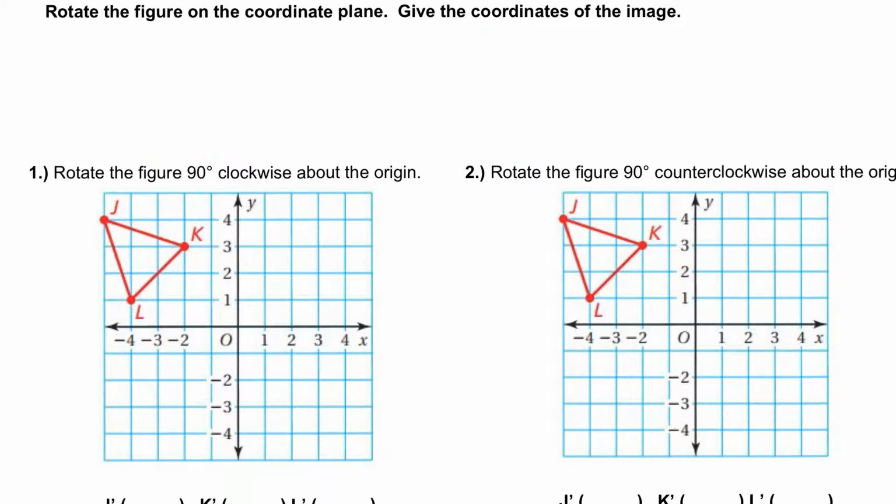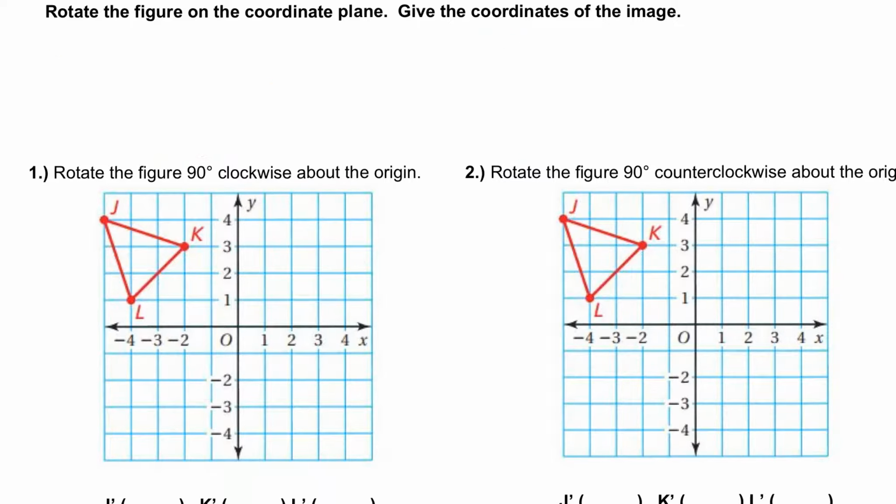And we want to give the new coordinates of J, K, and L. So the new coordinates of J are right 4, up 5. So that's the point (4, 5). And those are going to be the coordinates of J prime, (4, 5).